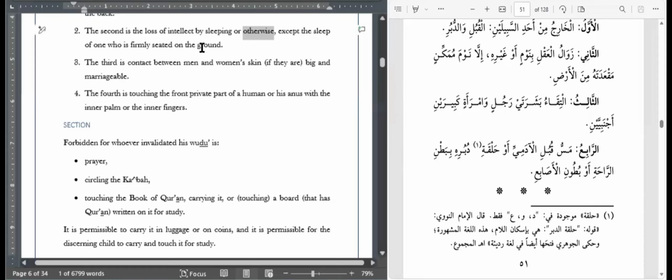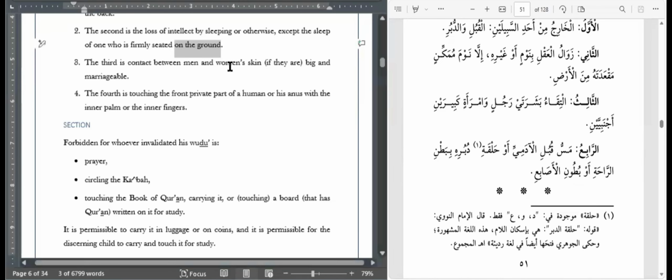You know this, insha'Allah ta'ala. But what did the author say here? He said, on the ground. Ala al-ard, or min al-ard. So is that a rule? Is the ard, the ground or the floor?